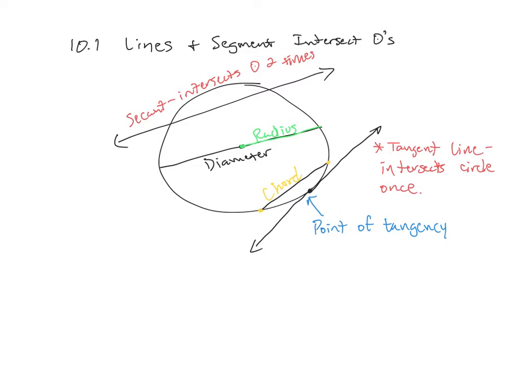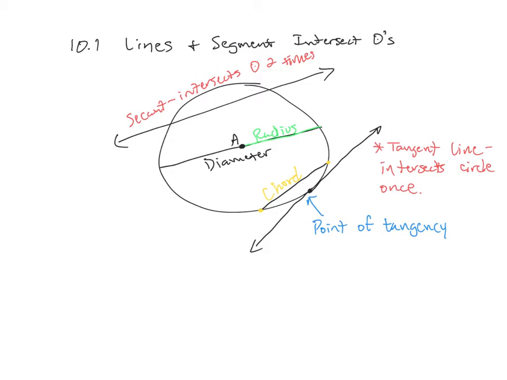So whatever letter's at the center, circle A, whatever letter's at the middle, that's the name of the circle. Okay, so name the circle, name 2 radii, name 2 chords, name a diameter, name a secant, name a tangent, name the point of tangency. So you'll have a bunch of problems like that: look at one picture and then you just go, okay, well there's this kind of thing.